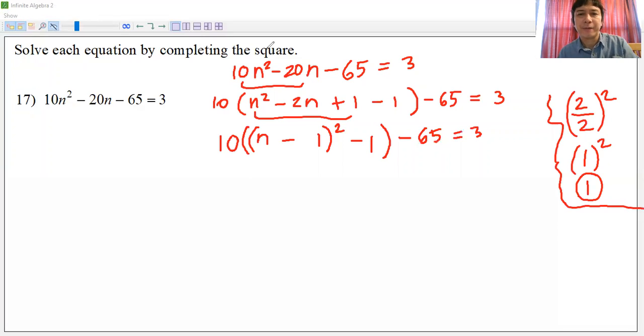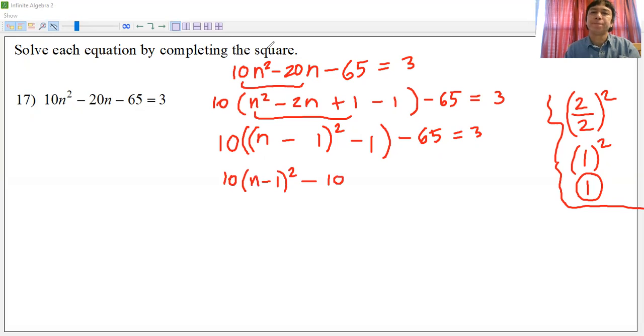Next we will multiply back the 10. So the 10 goes with the binomial n minus 1 squared. It also gets multiplied by the negative 1, so we're going to have a negative 10 there.